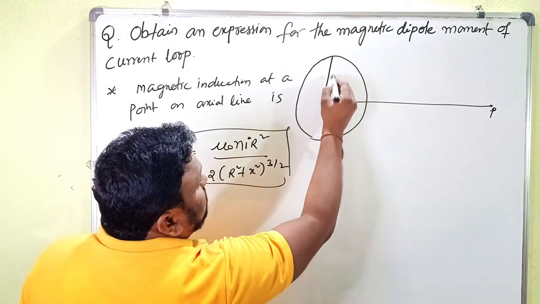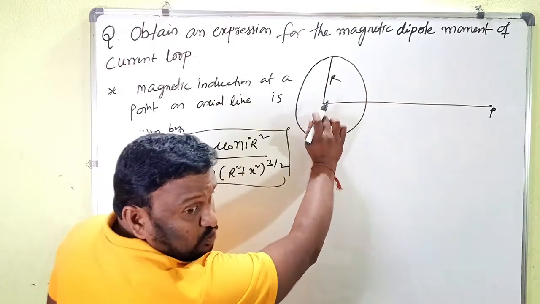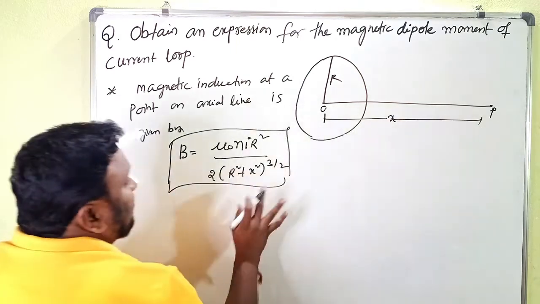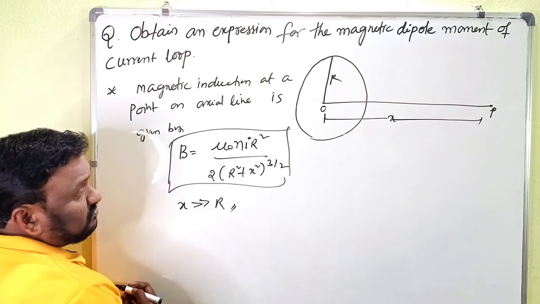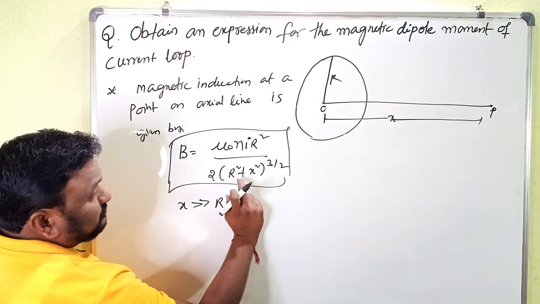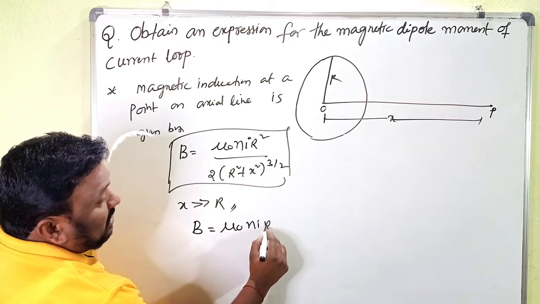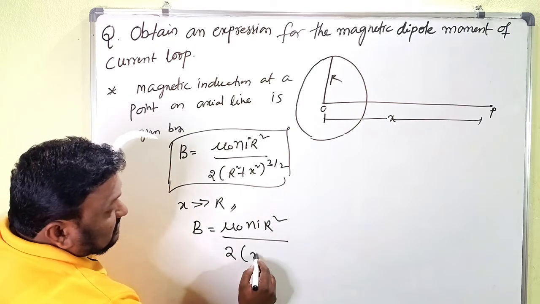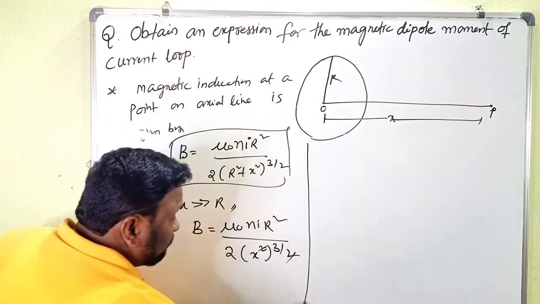The coil has some radius r. Clear, children? And the distance between the center of the coil and the point is x. From that figure, what do you have to conclude, children? x is much greater than r. That's why in the denominator we can neglect the term r square. Then B is equals to mu naught n I r square by 2 of x square whole to the power 3 by 2. 2 cancels, then what you get, children?